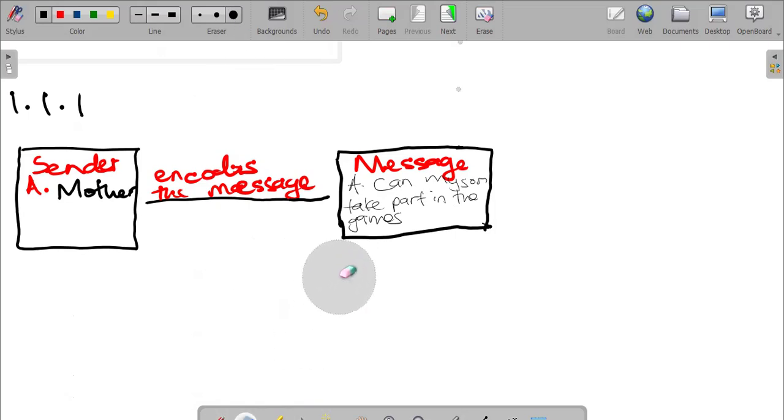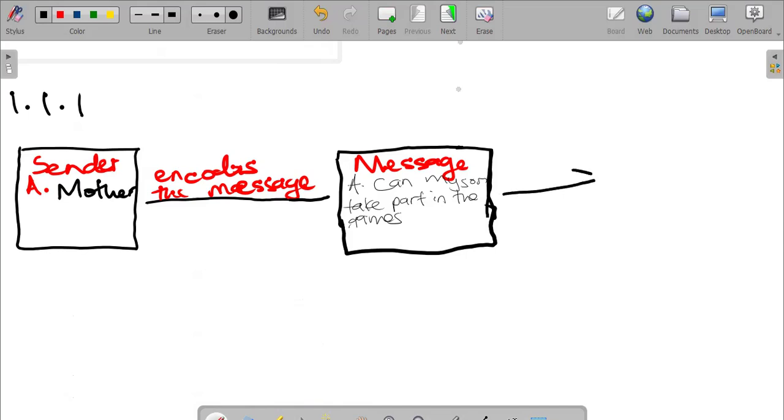The message that is being sent is, can my son take part in the games? So we can find that the message is sent to the receiver through a channel.